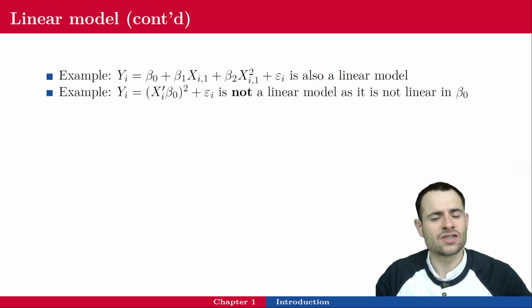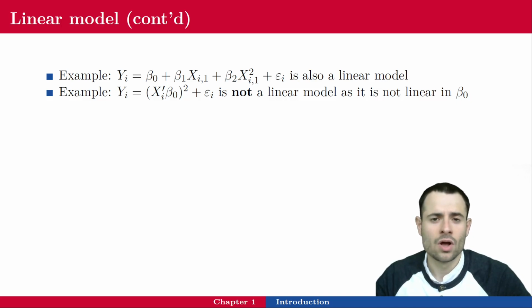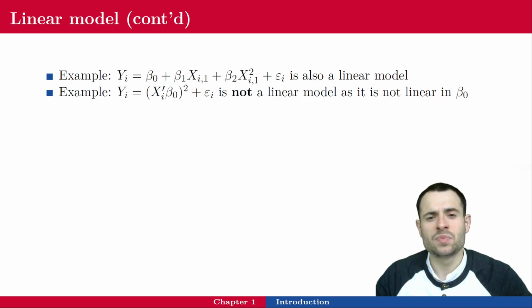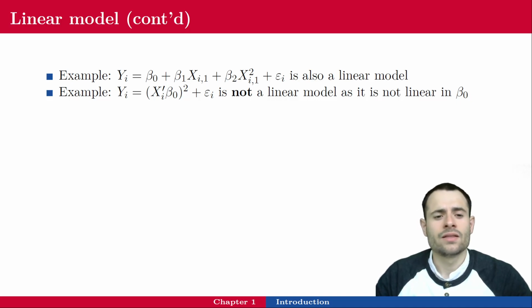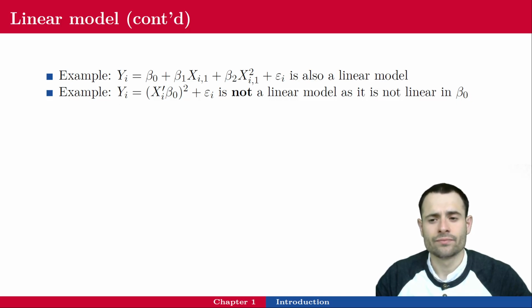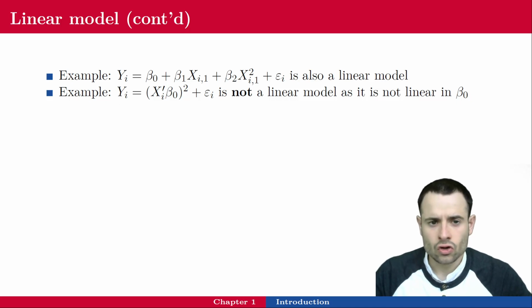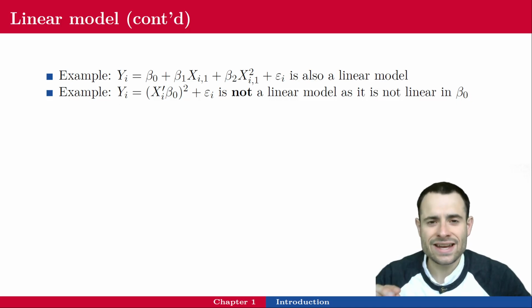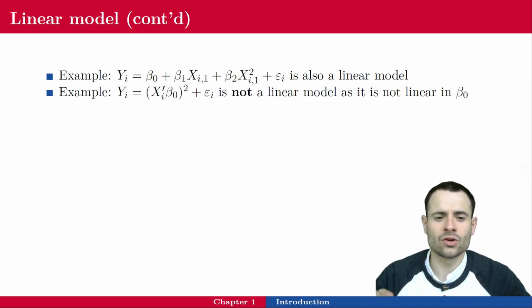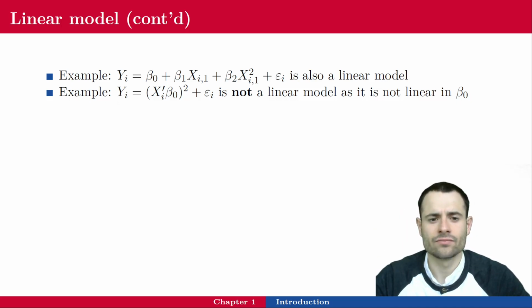This means that at some moment I'm going to have some beta 1 squared that will show up, or some beta 2 squared, or some beta 1 times beta 2. Then we will say that the model is not linear. So the first assumption says the model is linear in the parameters. The parameters are the betas.